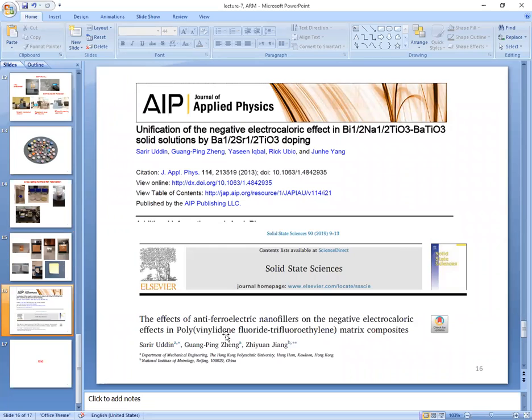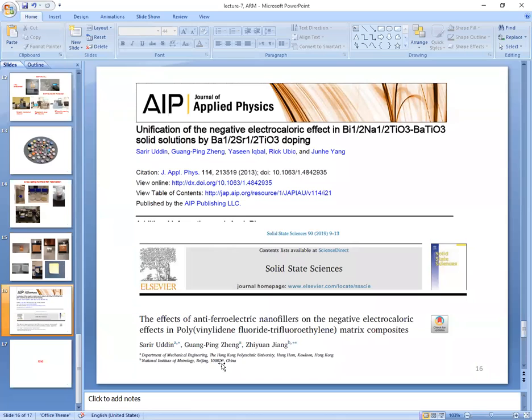Vinylidene fluoride is one polymer, and trifluoroethylene is another polymer. So this is basically two polymers. This is called a copolymer. Poly means many, these are monomers, and when monomers combine, they become a polymer. And what we have added is basically BNT, BT in this polymer.